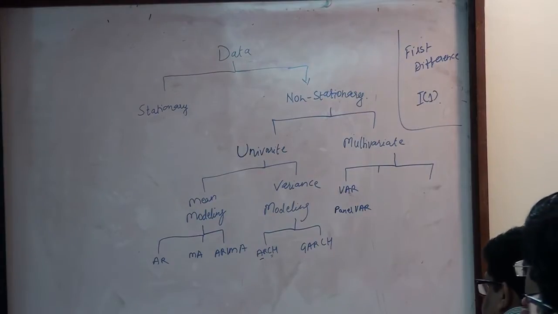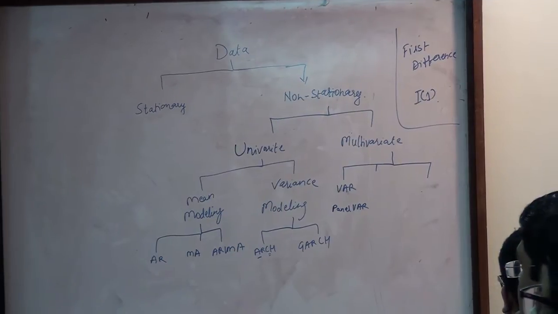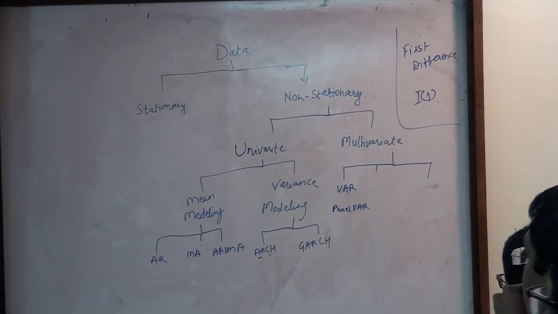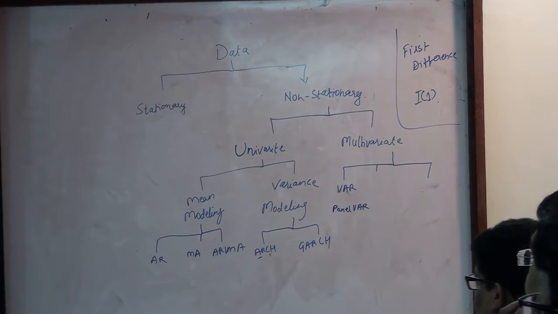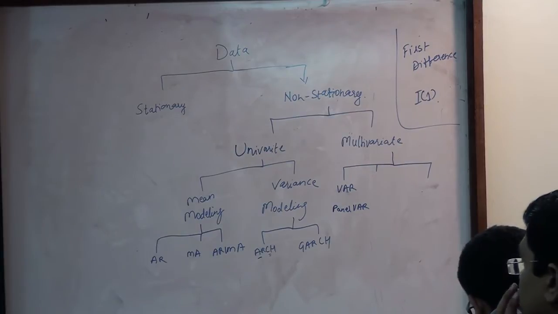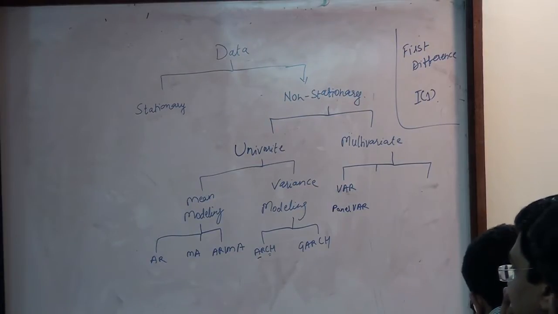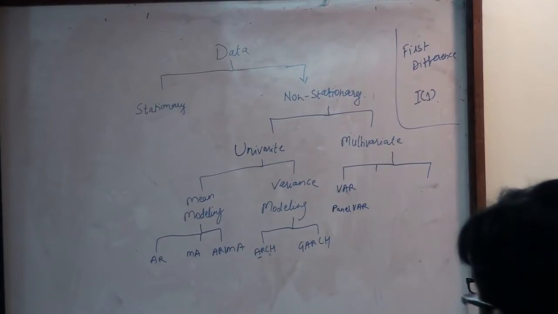Now, autoregression means what? If there are two variables x and y, y_it equal to alpha plus beta x_it plus u_i. This is a normal one-way causality model, or one-way dependence model.